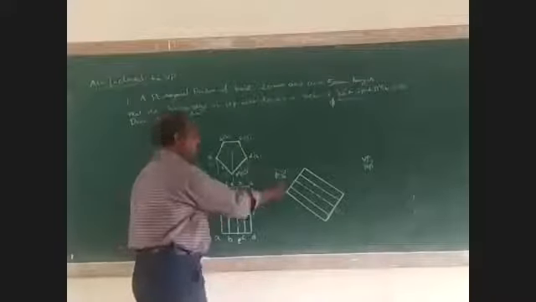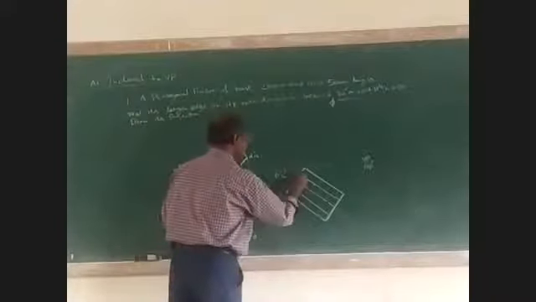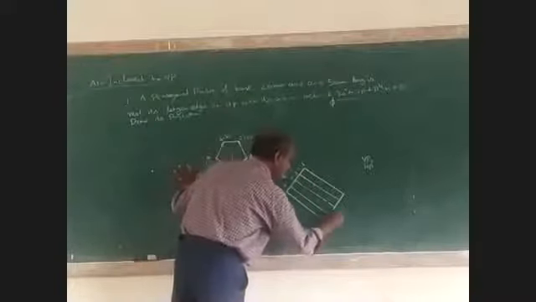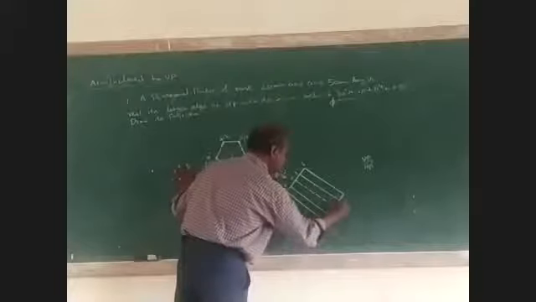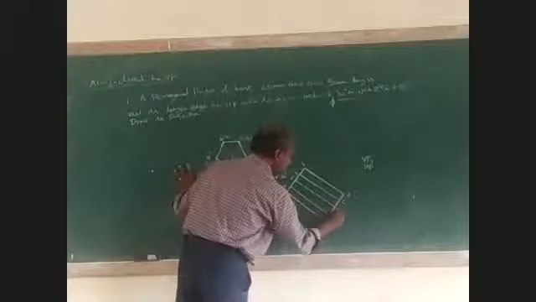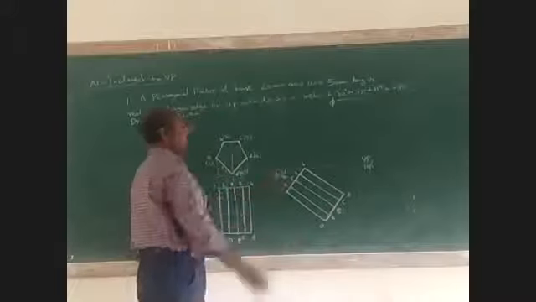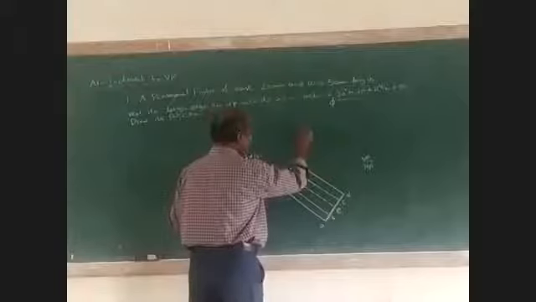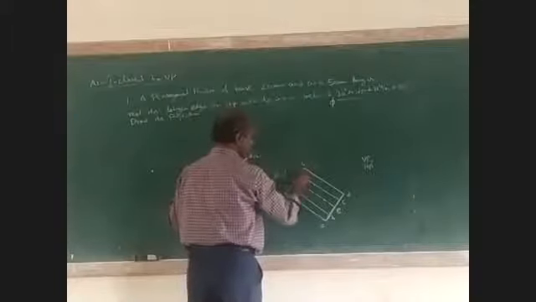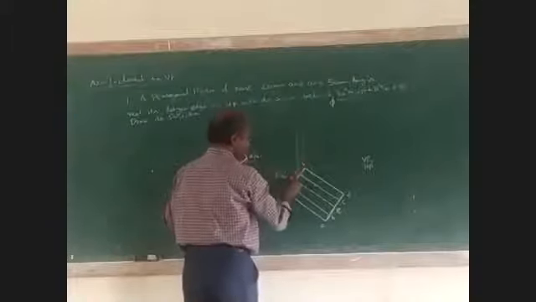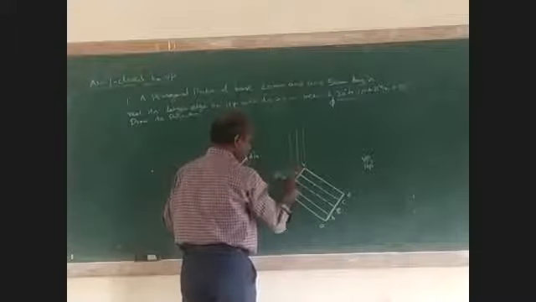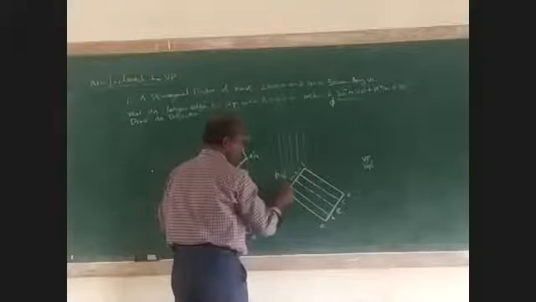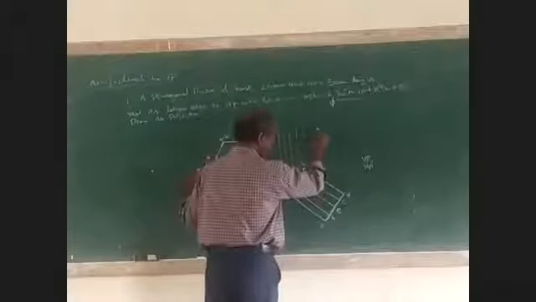Then you have to project all the points: 1, 2, 3, 4, 5, and A, B, C, D, E. All the points have to be named. Then you have to draw a line perpendicular to the reference line at each and every point.